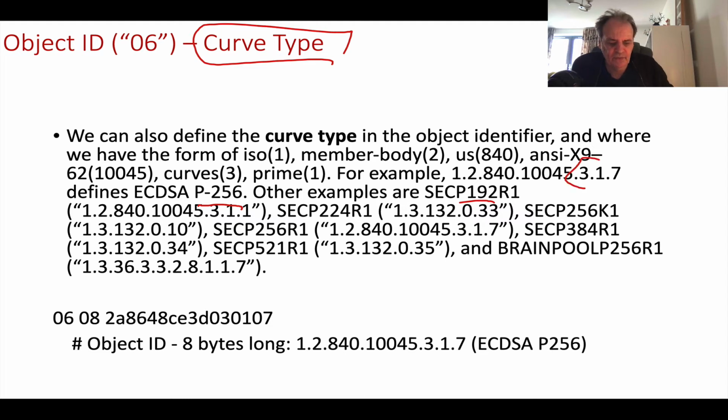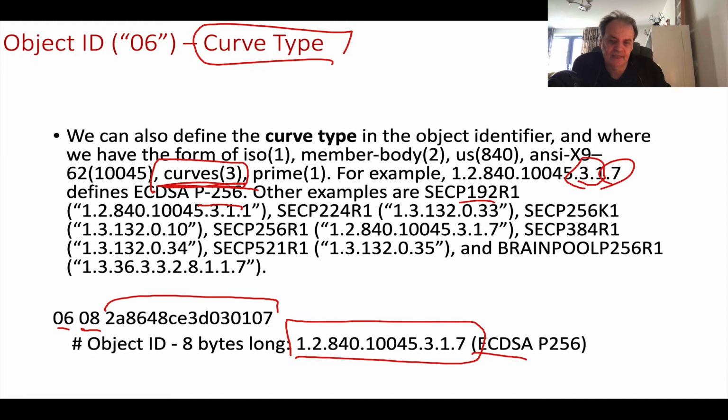So it's the 3.1 that identifies the curve type here for the curves, and then the digit at the end will identify the curve type that we have. So in this case we have a 06, we have 8 bytes now after it to identify it, and these 8 bytes, when interpreted, give us ECDSA, which is a signature type, and using P256, the NIST curve here.